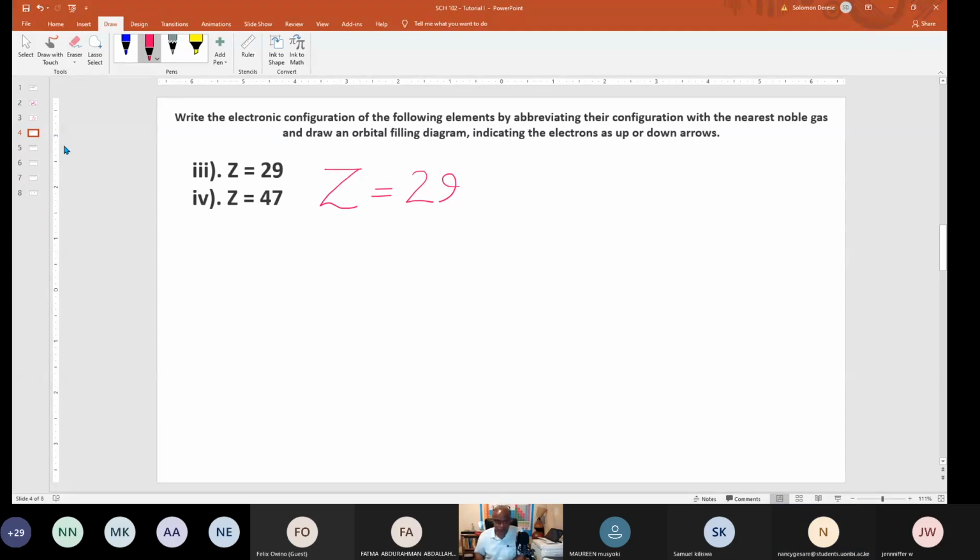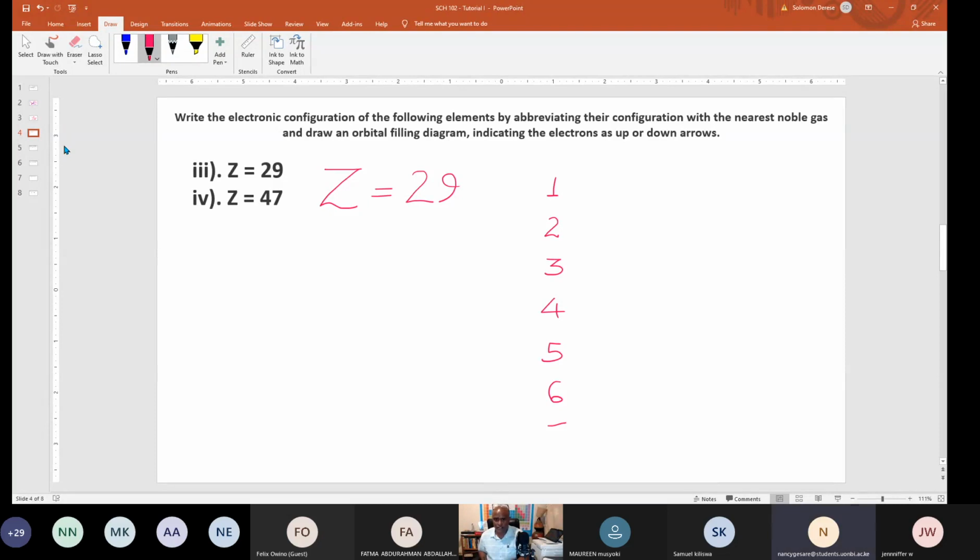As I've told you, when you are writing the electron configuration, you don't need to cram. Just know that the known elements in the periodic table lie in 7 shells.